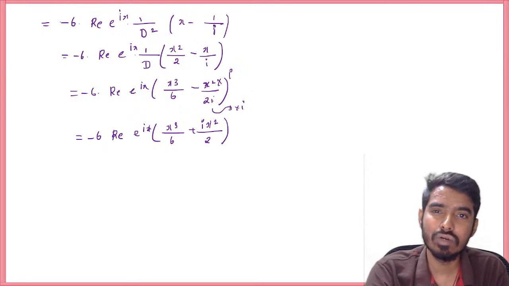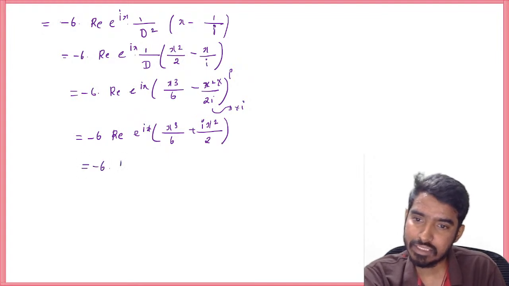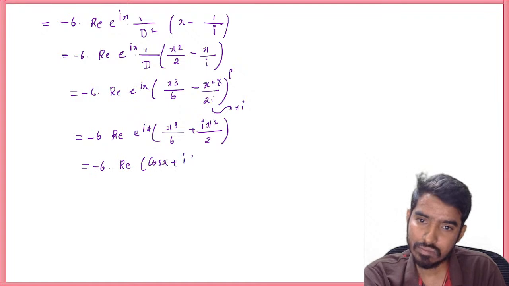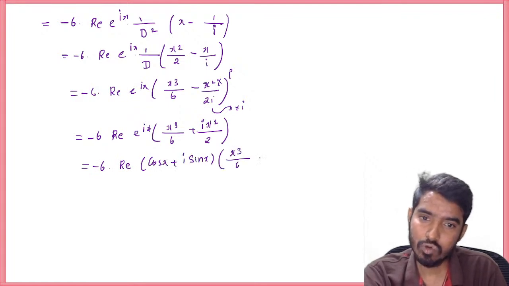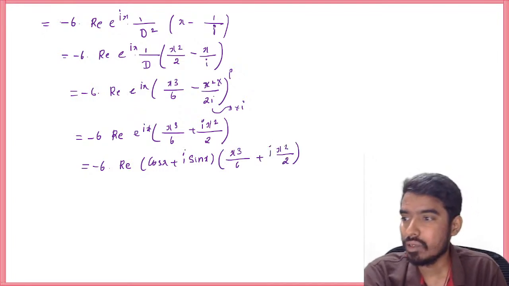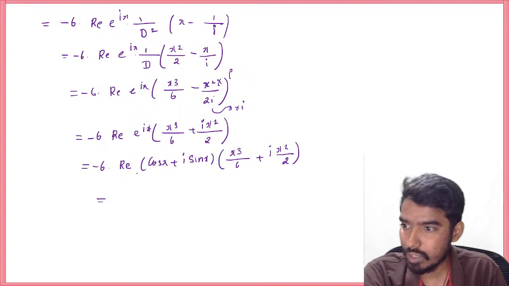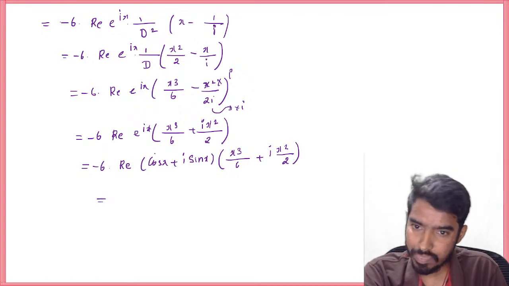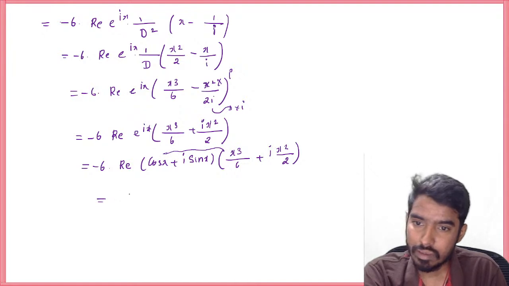You always don't keep i in the denominator. Now this will be minus 6 times real part of, this will be cos x plus i sin x. And here we have x cube by 6 minus i times x square by 2. Now what is the real part you will have? Cos x into this term will be real part, right?